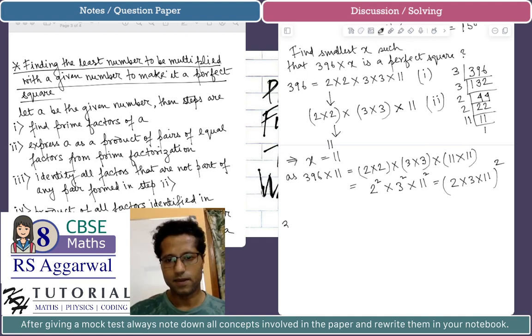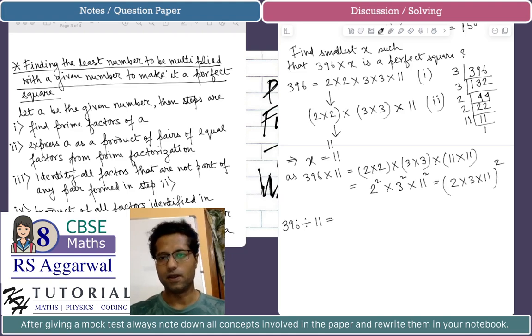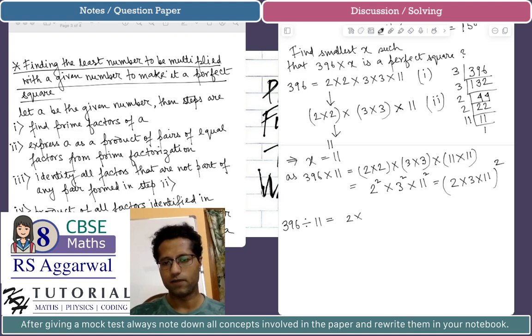see, if I divide 396 by 11, what is it becoming? So in the prime factorization of 396, we were having 11 as a prime factor. So if I divide 396 by 11, its prime factorization will be like this when expressed as pairs of equal factors.